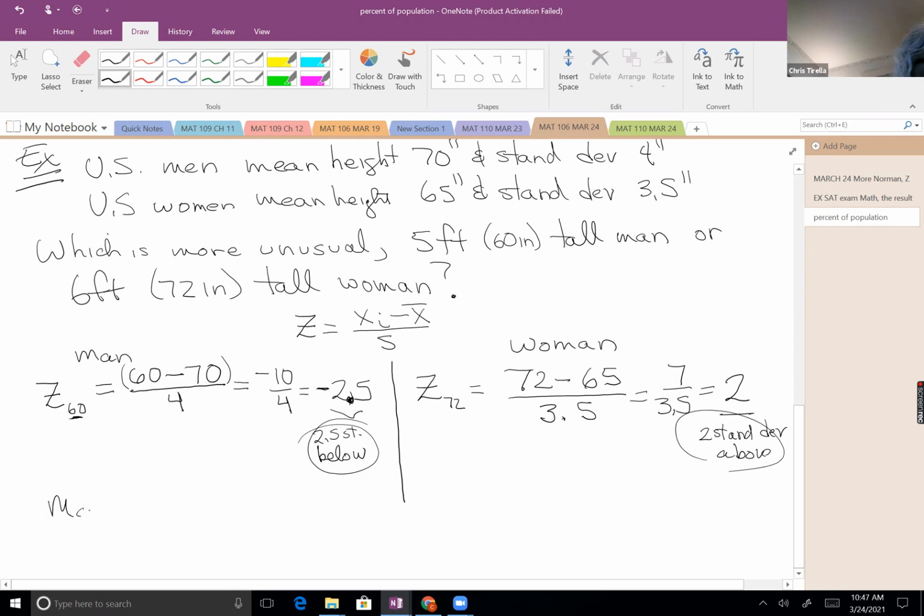So the man's height is more unusual. It's more standard deviations from the mean.